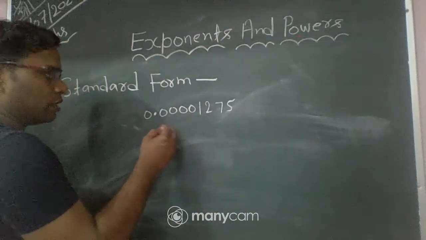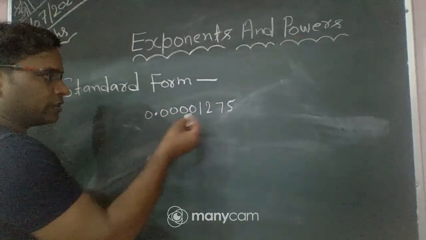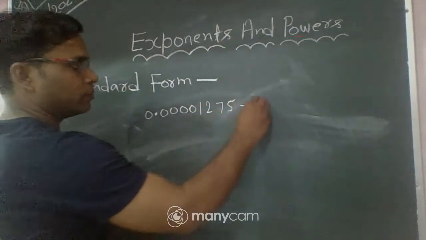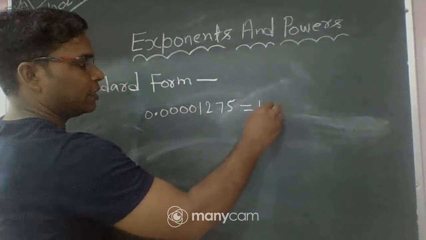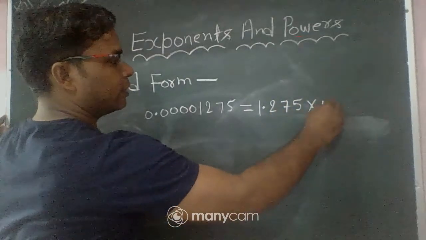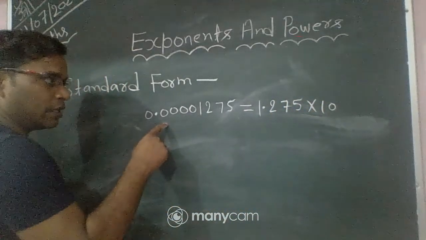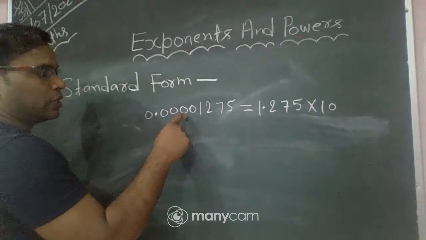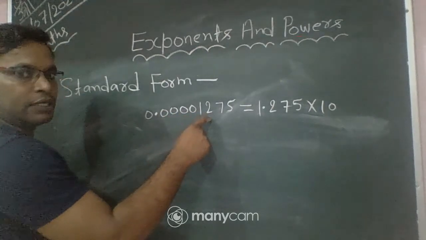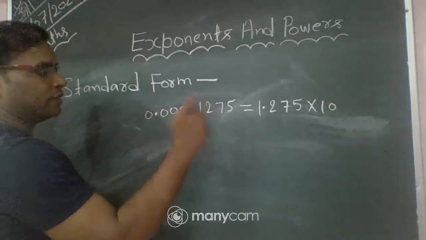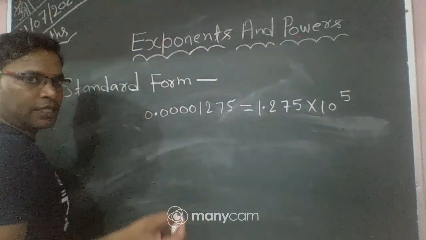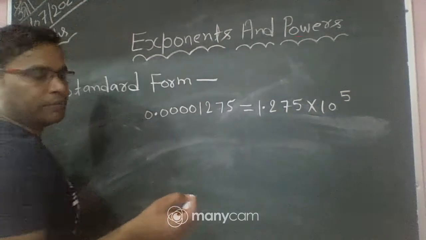So we can write 1.25 into 10 power, counting how many digits the decimal moved to the right: 1, 2, 3, 4, 5. So we write 5. When the decimal moves to the right, the power of 10 is minus.